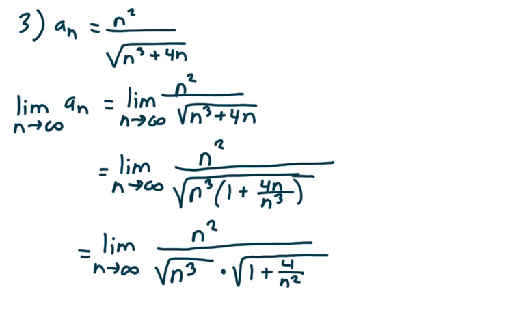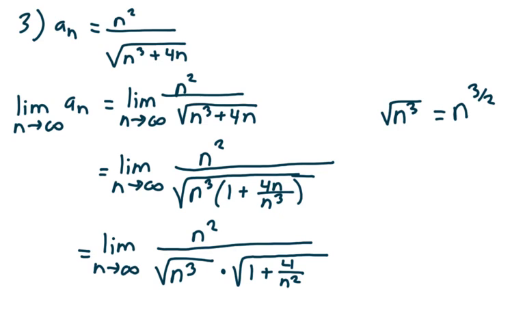A couple of comments. Now, notice on the last line, we write the limit as n goes to infinity of n squared divided by the square root of n cubed times the square root of 1 plus 4 over n squared. So I broke up that product. Now, one comment is this. The square root of n cubed is equal to n raised to the 3/2.